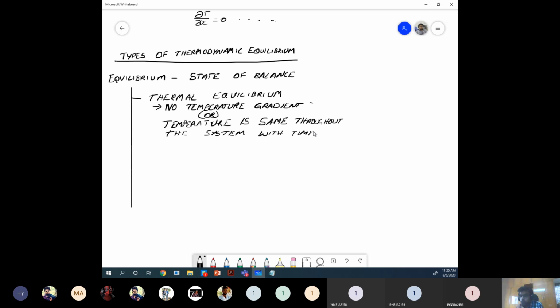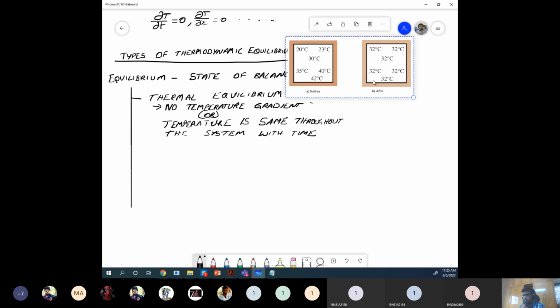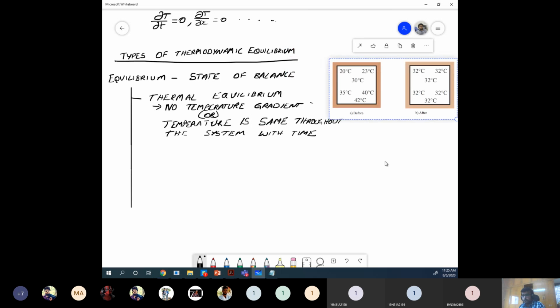That means in mathematical terms dou T by dt, where small t is time, is also 0, and dou T by dou x is also 0. So the example that I have already shown, let me put it here.